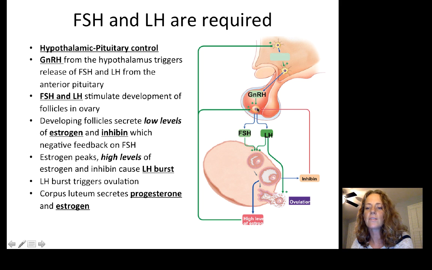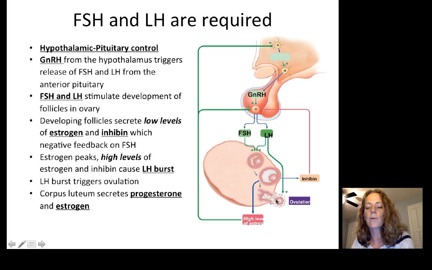Very high levels of estrogen stimulate LH. So LH knows that the follicle has become mature enough that it is time to ovulate. So the stimulation of LH leads to a huge peak in LH. We call it the LH burst, and that triggers ovulation.